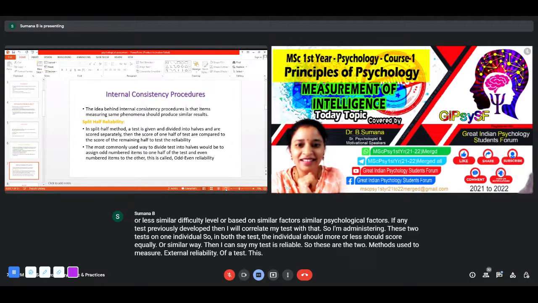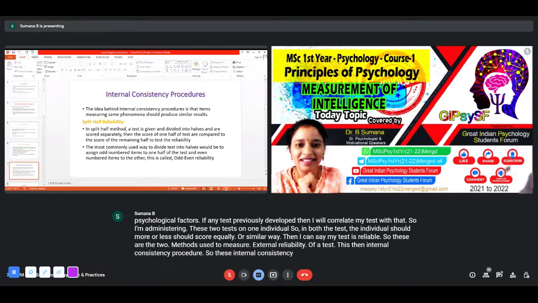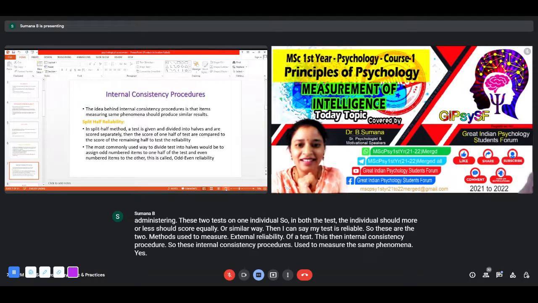Yes. Then internal consistency procedure. These internal consistency procedures are used to measure the same phenomena, which actually produce similar results. In this, the first one is split half reliability.